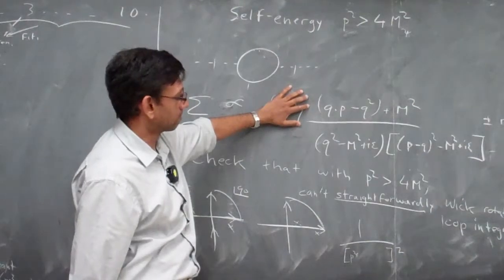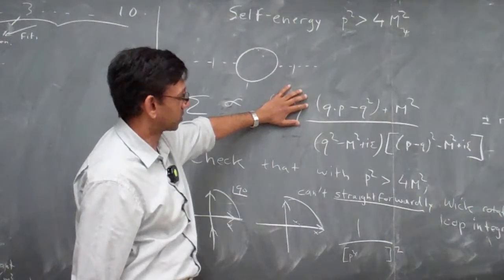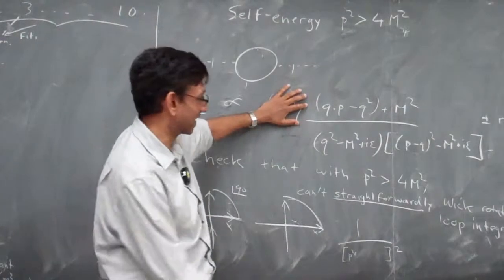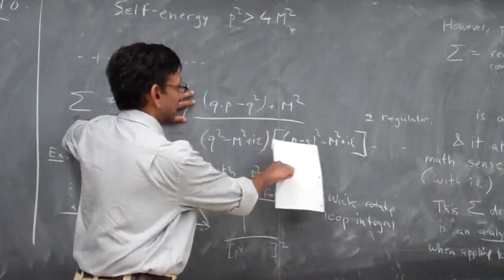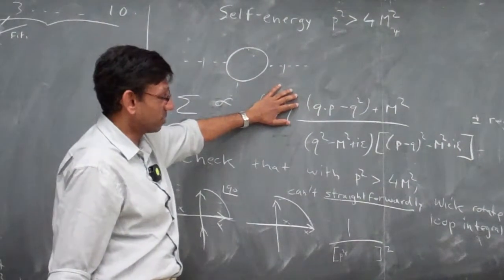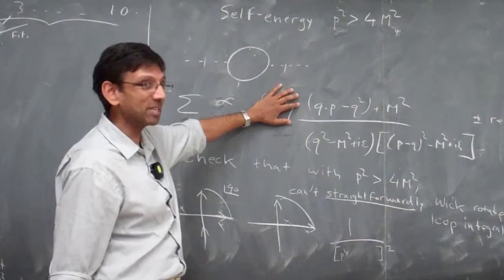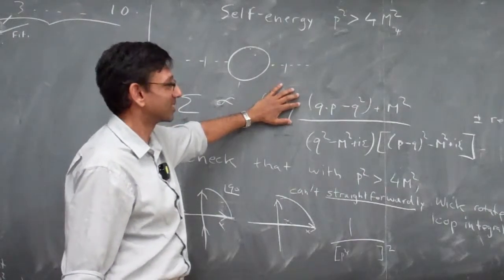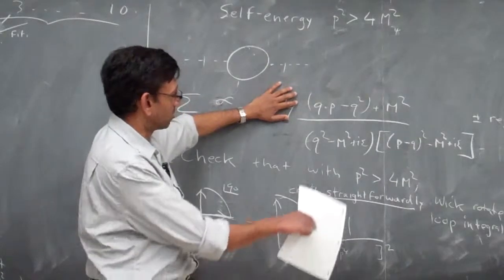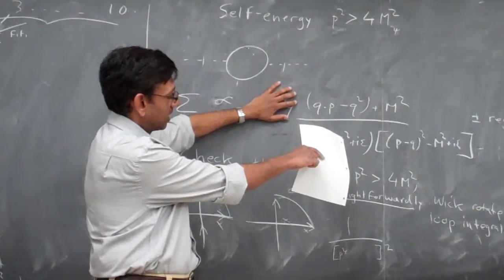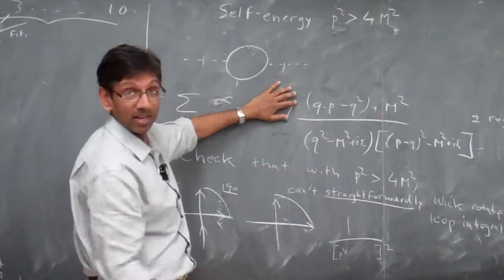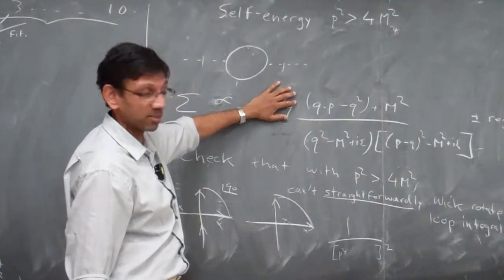But it's certainly analytic in a big chunk of complex p space. Even for real p, with that i epsilon in place, I'm not hitting an actual real pole. The pole is in the complex plane. But there is a big regime in which this is perfectly well defined for complex p. Okay.